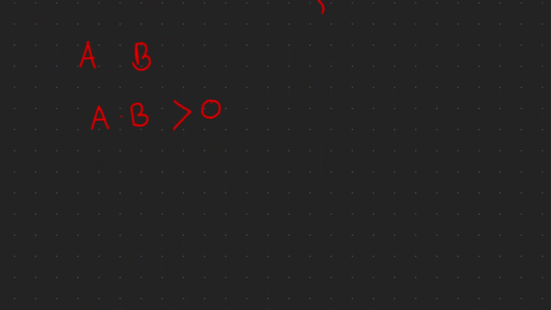Similarly, if we divide A by B, and their signs are the same, either positive or negative, in this case also we will get results greater than 0. And we know 0 is neither positive nor negative, so of course it's excluded.